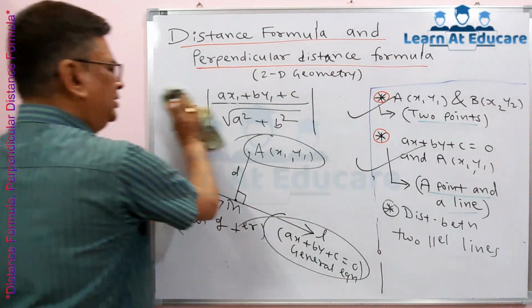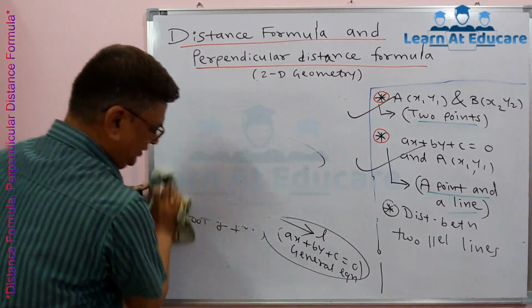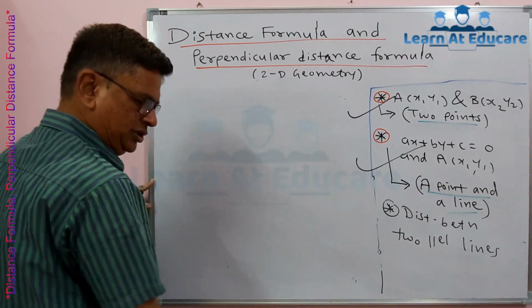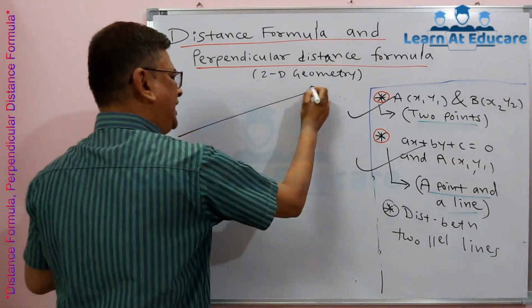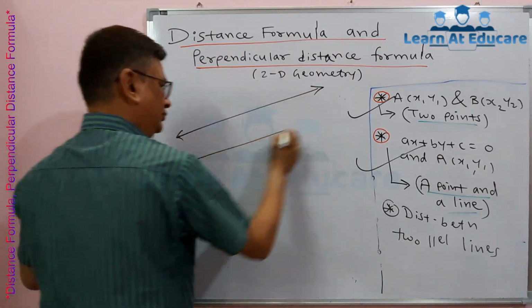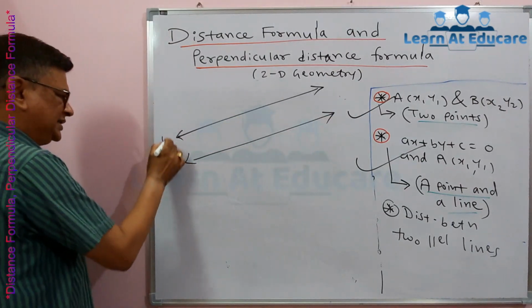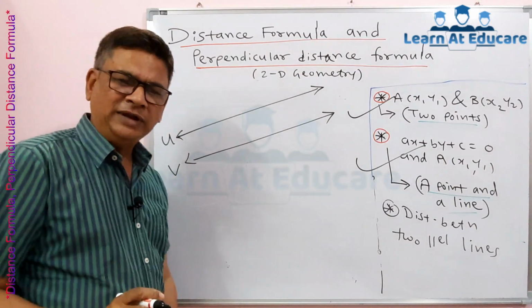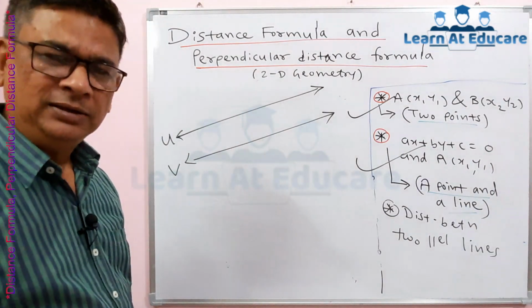Now we will take one particular case, that is the distance between two parallel lines. Suppose we have two parallel lines, one is line U and the other is line V. Do you remember, if two lines are parallel then their slopes are equal?